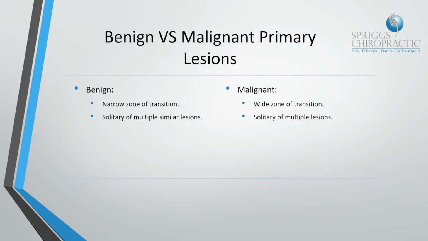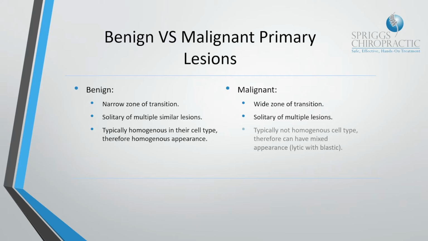That's partly to do with the tissue type as well. Benign tumours are typically seen as a homogeneous cell type, because the cells are the same, so the appearance is the same, and you'll have a very homogeneous appearance of the bone lesion throughout. Whereas with a malignant tumour, you've got different types of cell within the area, at different stages of division and apoptosis, so you'll have a mixed appearance of lytic and blastic within the same tumour.